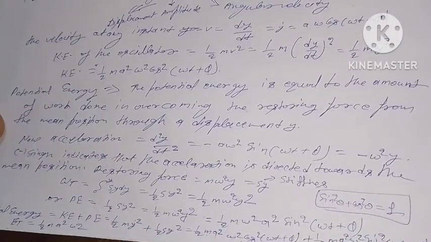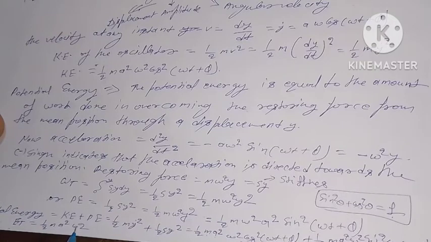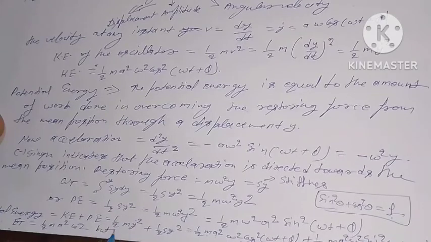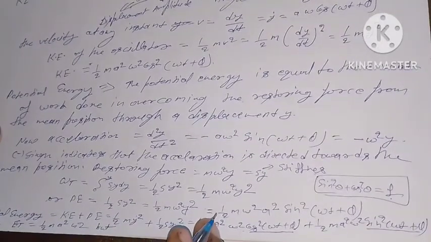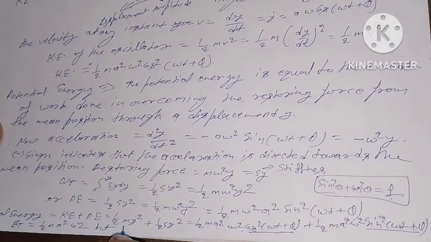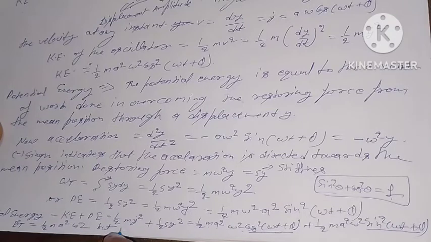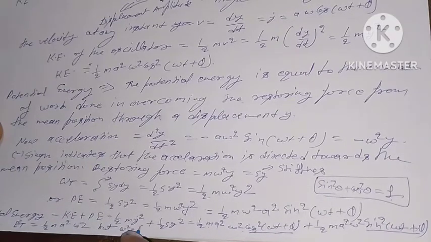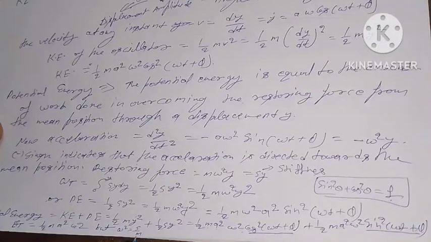So the value of cos square(omega t plus phi) plus sin square(omega t plus phi) equal to 1, and left value is 1 upon 2 m a square omega square. Okay, but omega square equal to S by m.